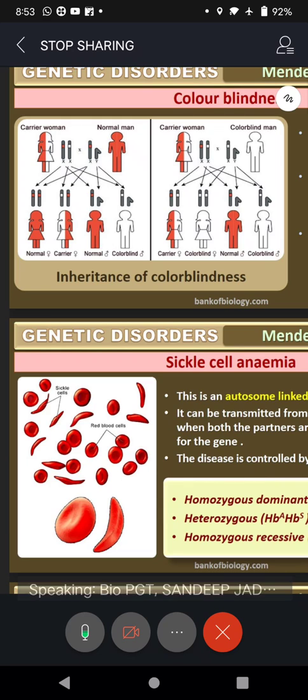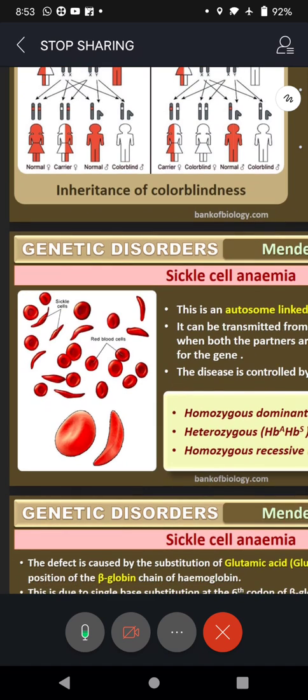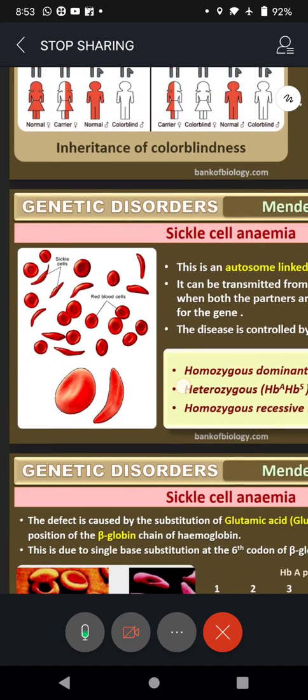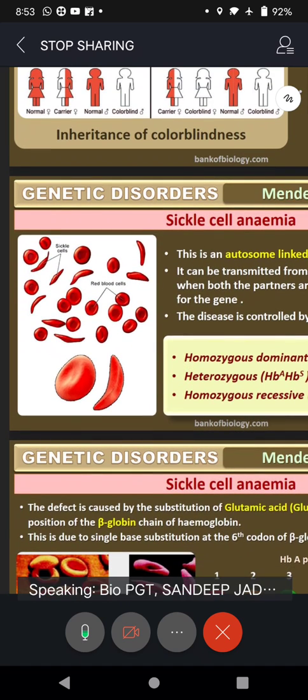Sir, tell me. A woman can be a carrier of hemophilia and colorblindness. Yes. Don't think of that. It will be very, very bad now for the family. Possible. Then you can imagine that family, how much they suffer.